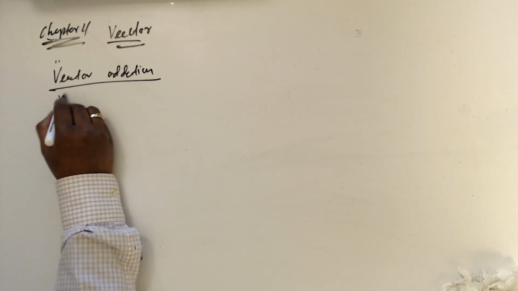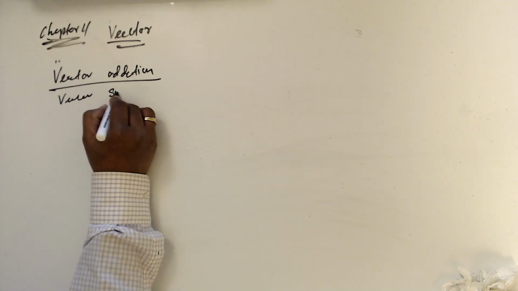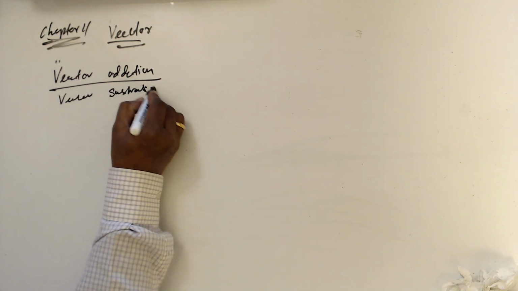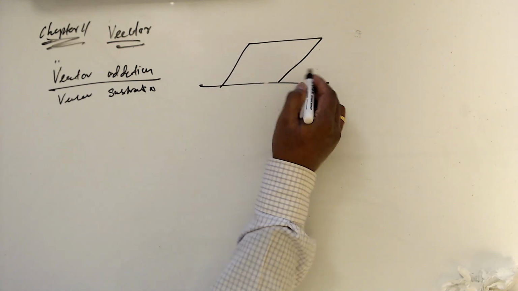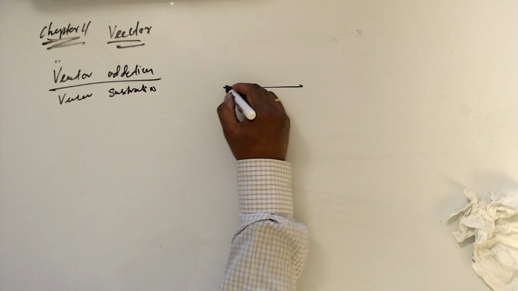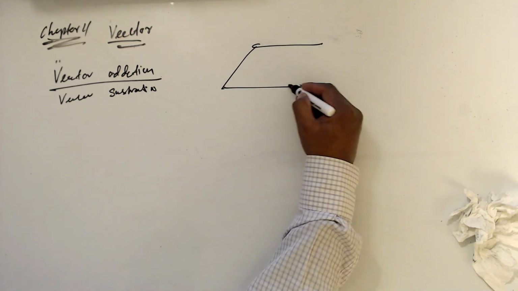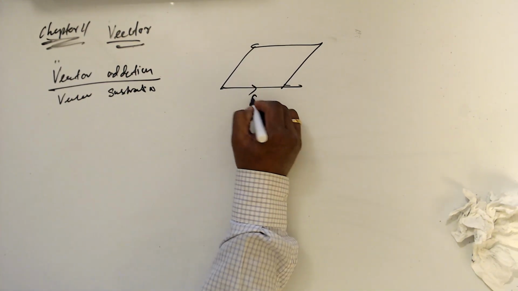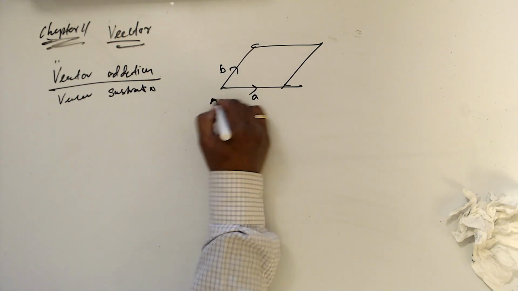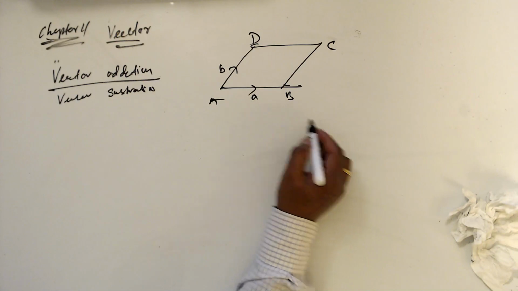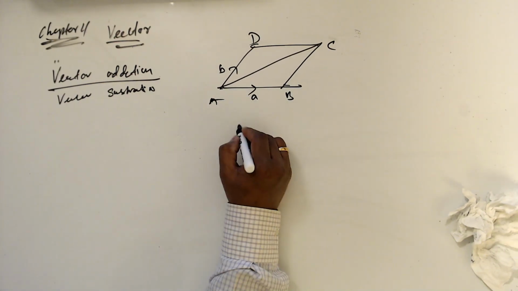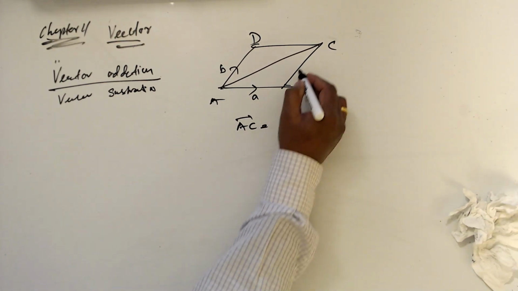Then, okay, vector subtraction. I'll just gloss over this one. This is A, this is B, and the points are A, B, C, D. AC comes from the parallelogram.